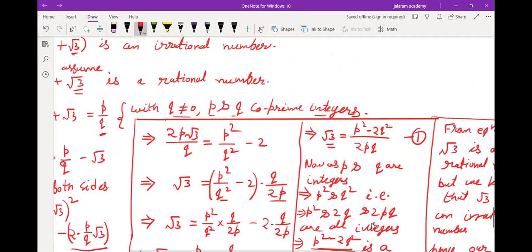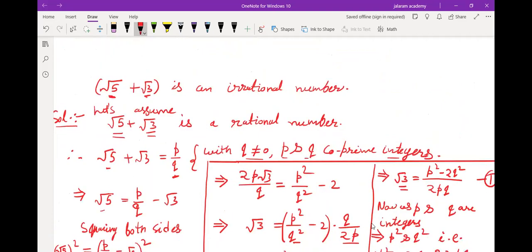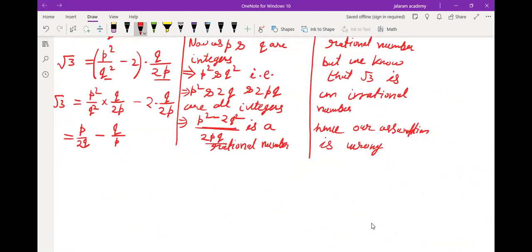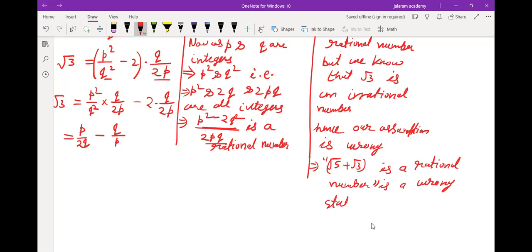What we have assumed in the first line is that root 5 plus root 3 is a rational number. It means that this is a wrong statement.